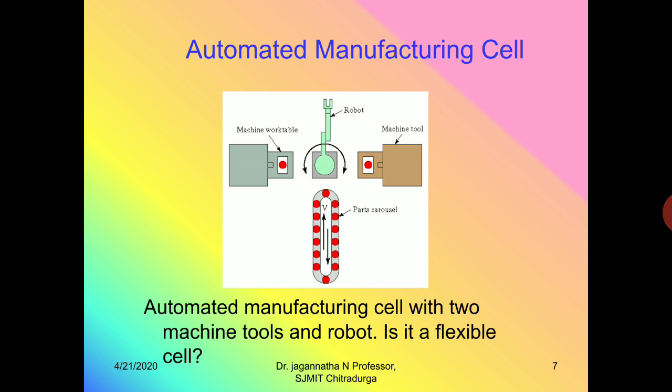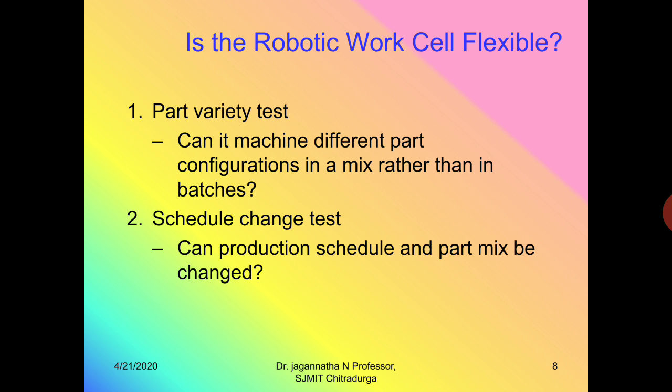Let us discuss one application of the flexible manufacturing system, considering an automated manufacturing cell. This automated manufacturing cell consists of a machine tool, a machine work table, and one robot for the movement of material. The question is whether the robotic work cell is flexible. First, a part variety test: can it machine different part configurations in a mix rather than in batches?